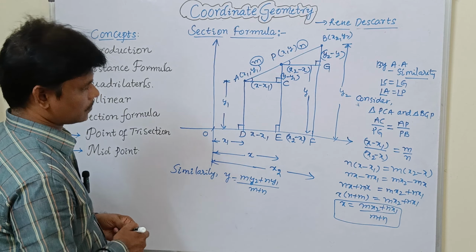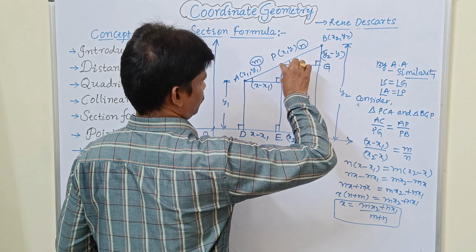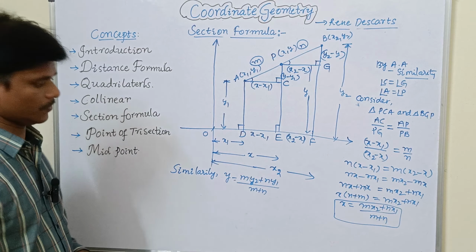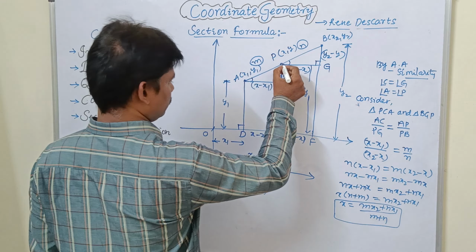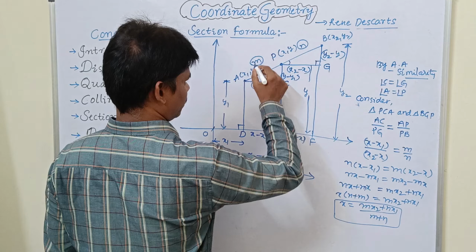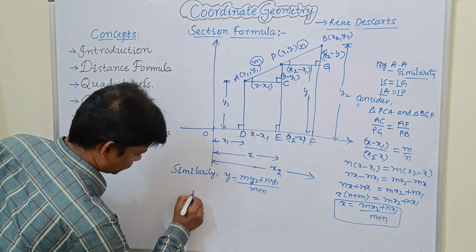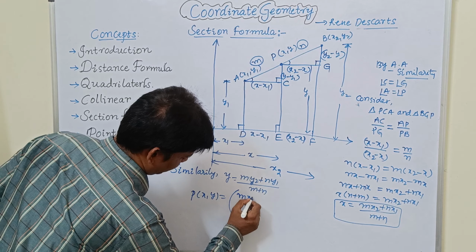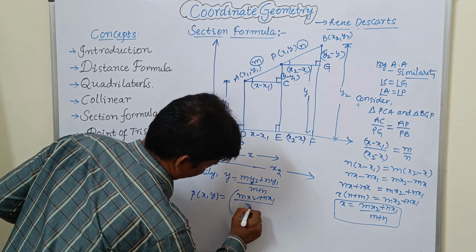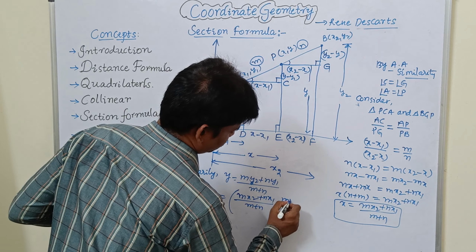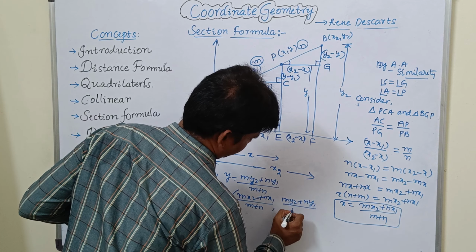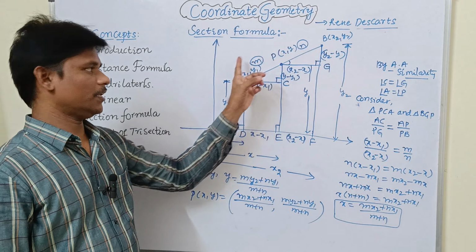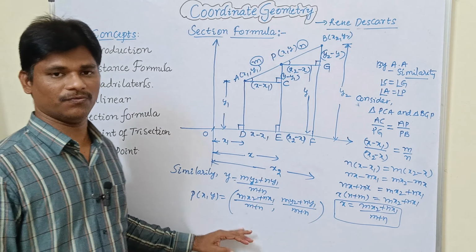How is this found? From the ratio of the sides PC by BC, then you get the y coordinate. So write that the point P divides the line segment AB in the ratio m is to n, that is P(x, y) equals mx2 plus nx1 by m plus n, my2 plus ny1 by m plus n. This is the point P dividing the line segment in the ratio m is to n. This is the section formula.